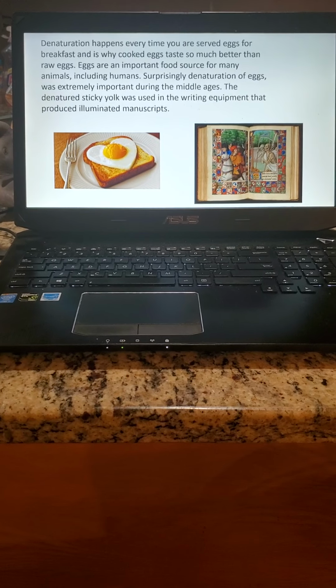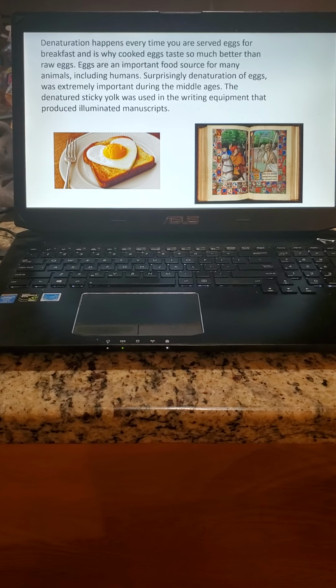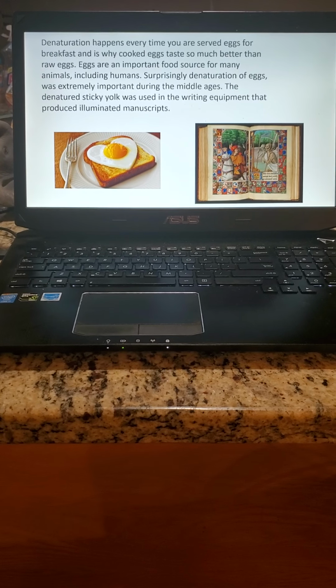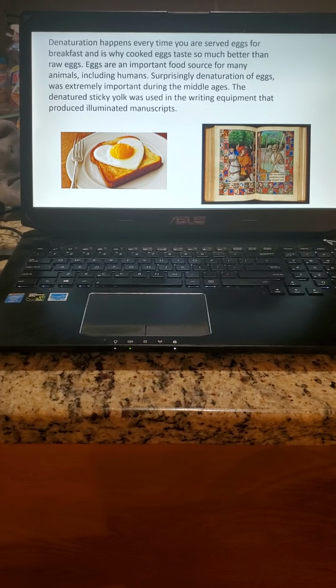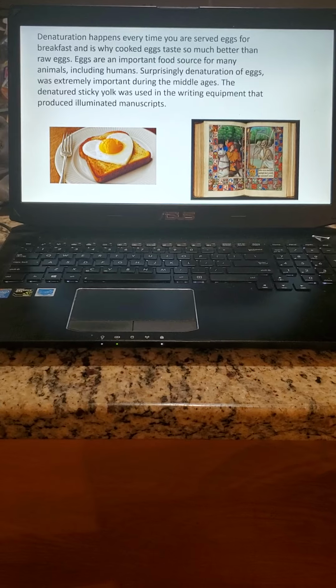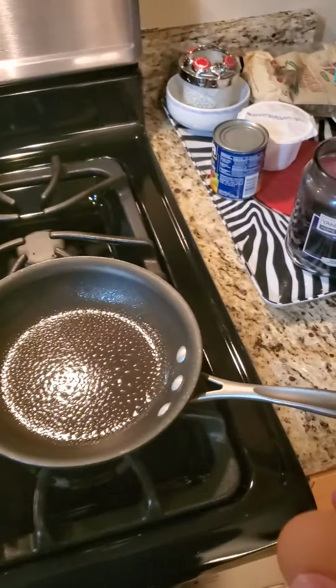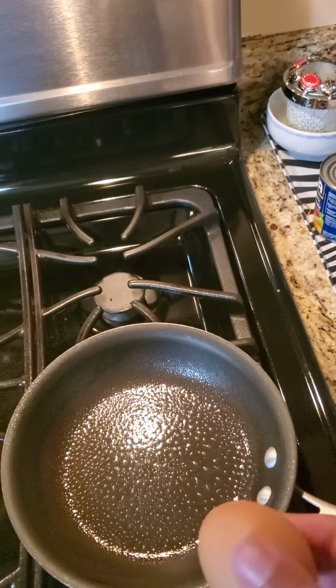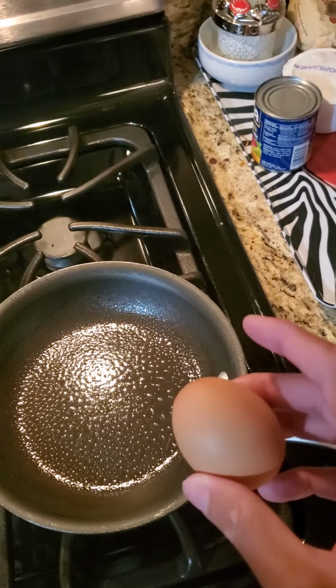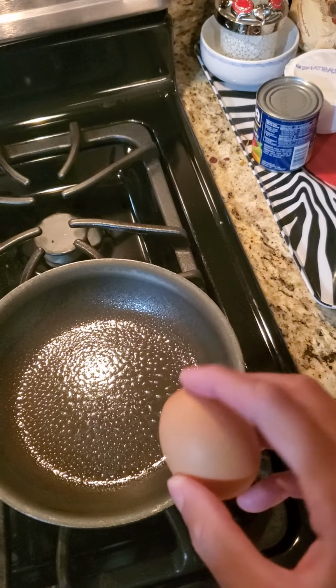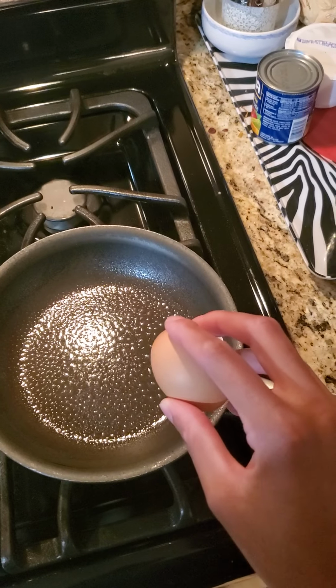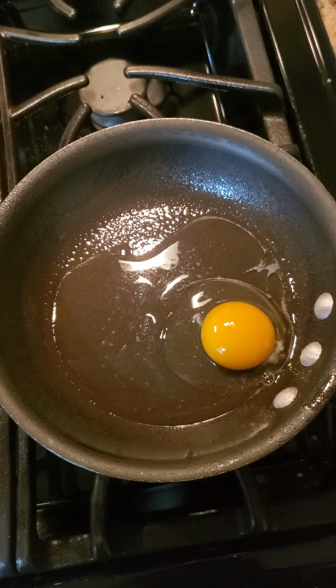The writing material that was used to make these books used denatured yolk. So I have the pan. I'm going to place the egg inside of the pan, and let's see what happens. I'm going to pause it for a second.